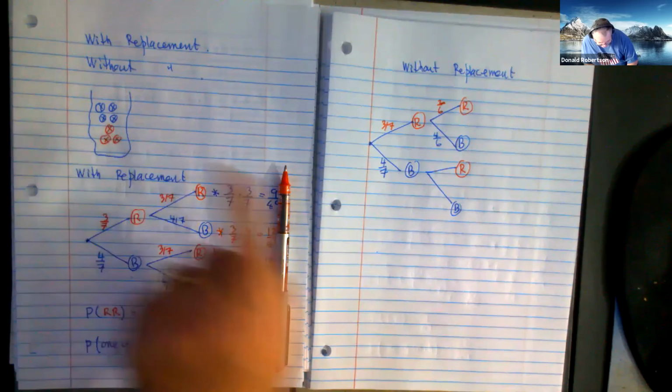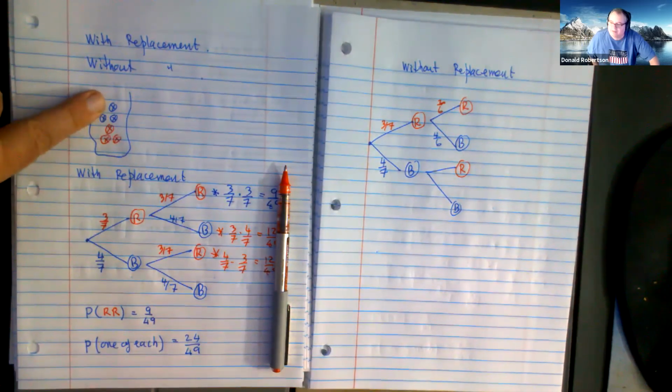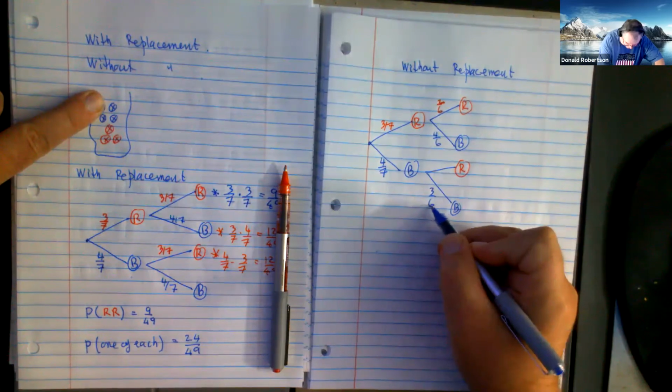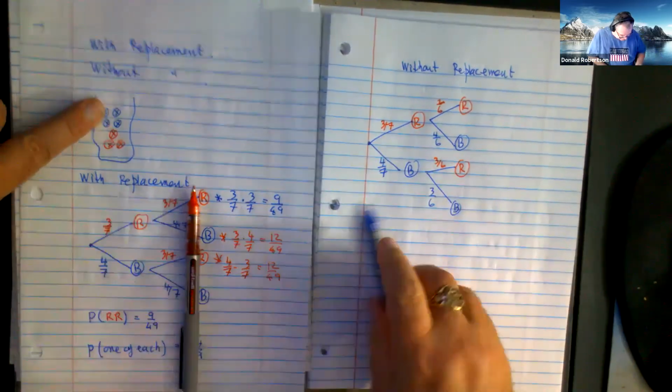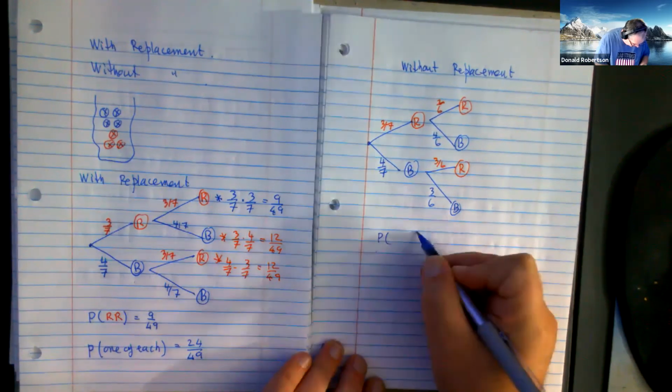Now, let's go down here. Oh, the first one was a blue, so hasn't the story now changed into that? 3 of each. And in that case, you see that this would be 3 out of 6, which is a half, you're right, if you're thinking that. Now, we're going to calculate the same two probabilities.